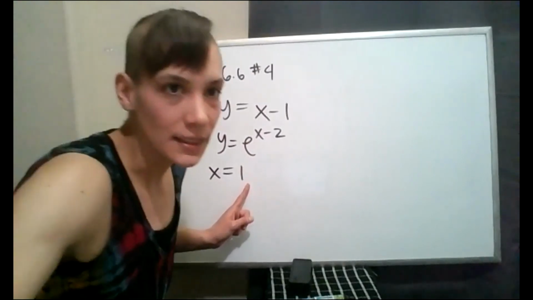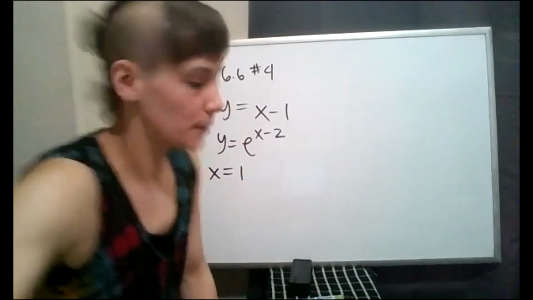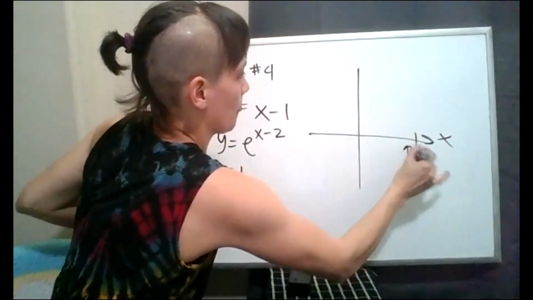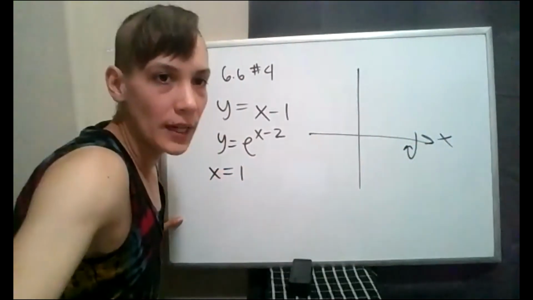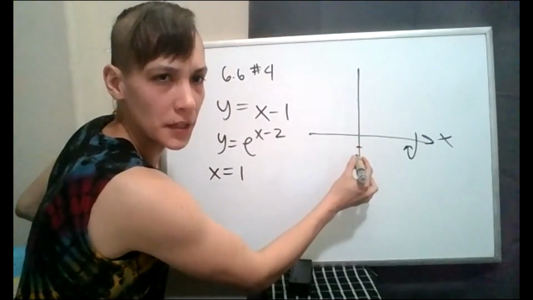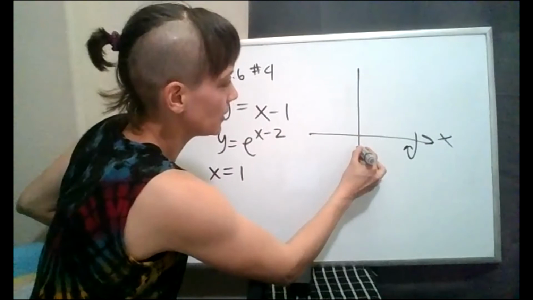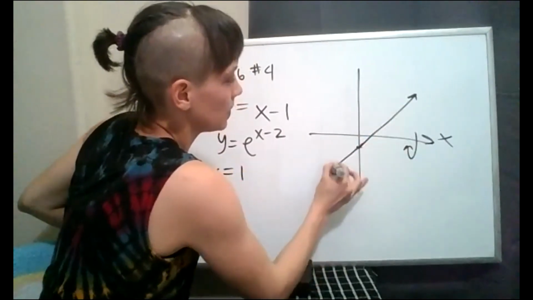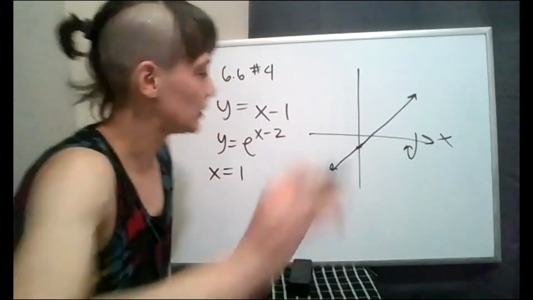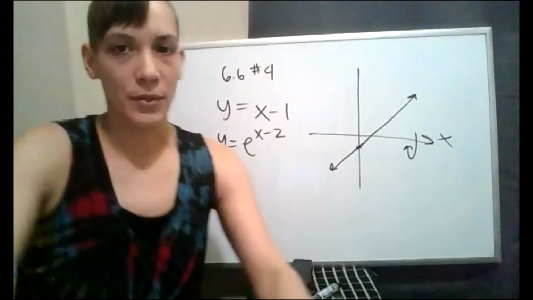About the x-axis. y equal to x minus 1: you're going to start at negative 1 as your intercept, go up 1 over 1. And then y equal to e to the x minus 2. It's going to swoop. I think we'll use Desmos.